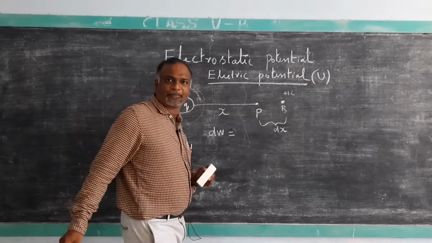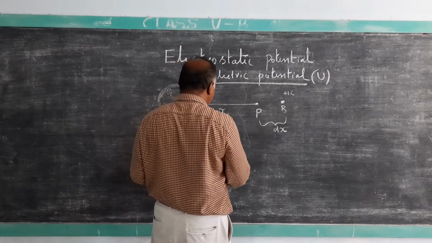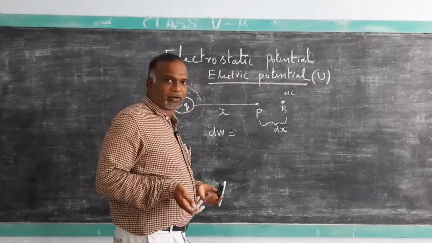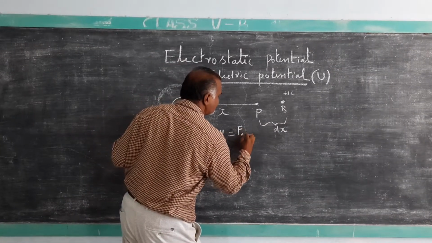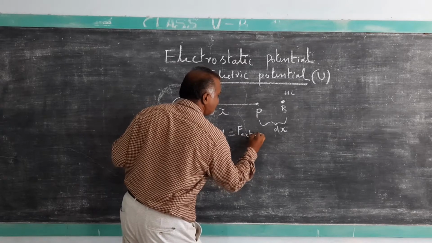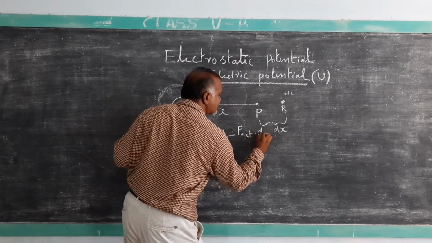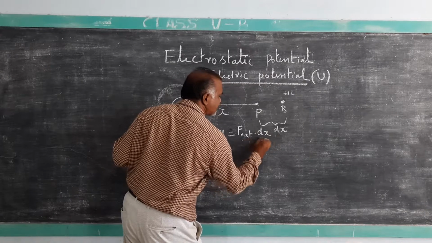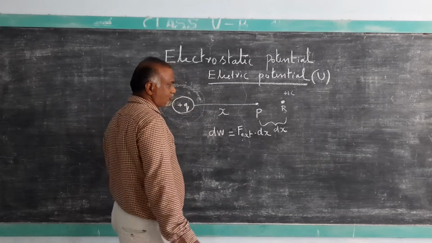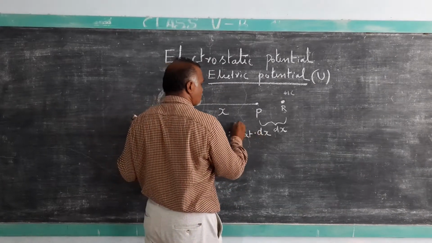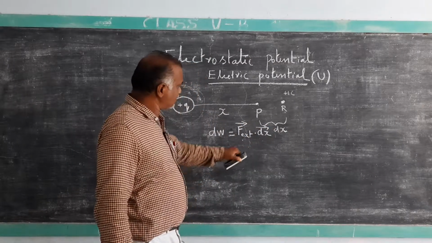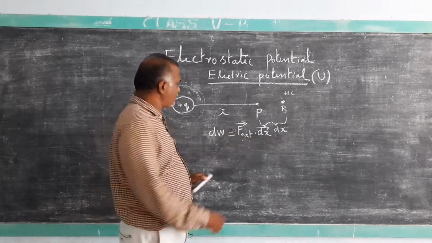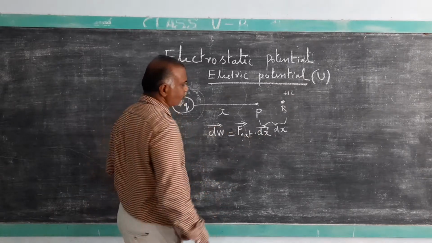From the mechanics point of view, dw is equal to F external into dx, force into distance. Dot product I make it, so both are vectors. x, dx and dw are also vectors.